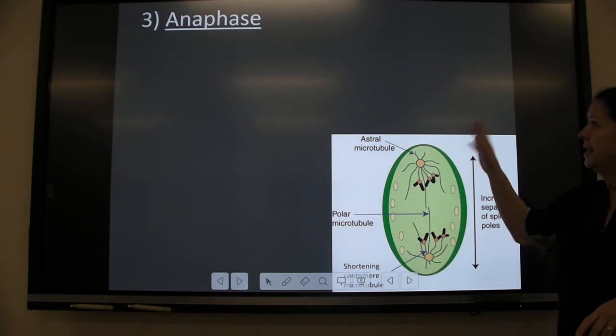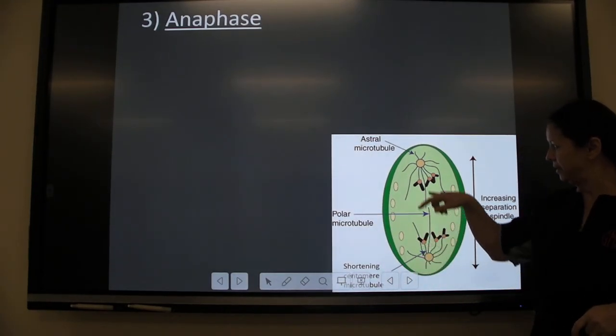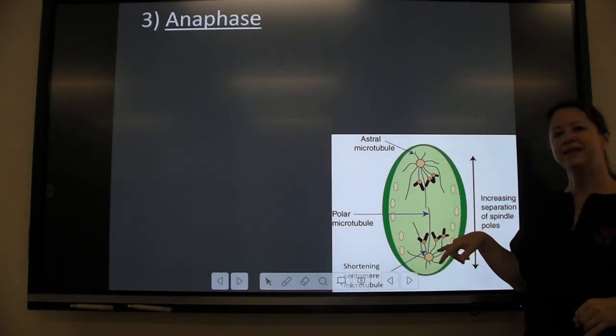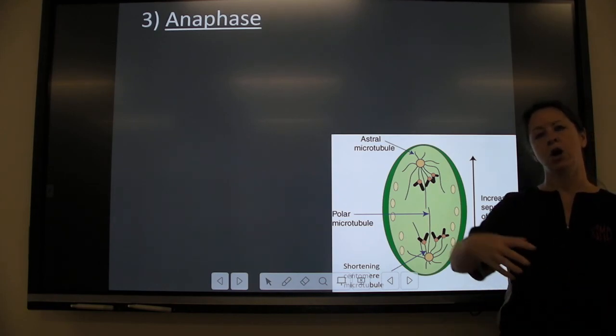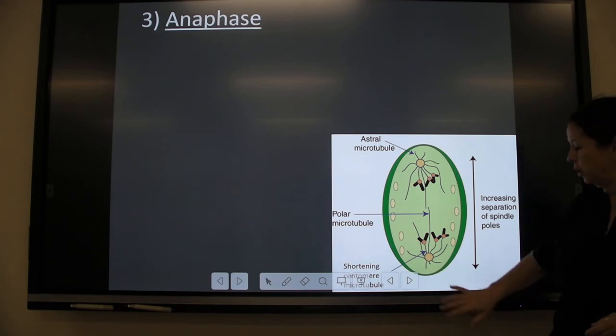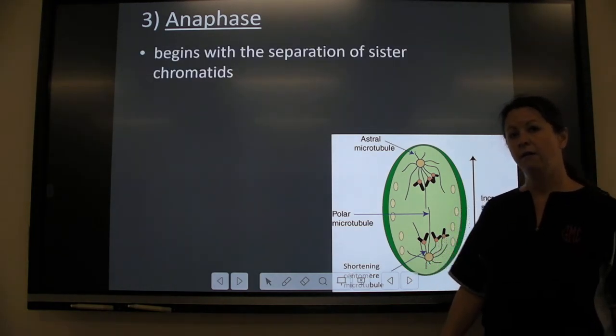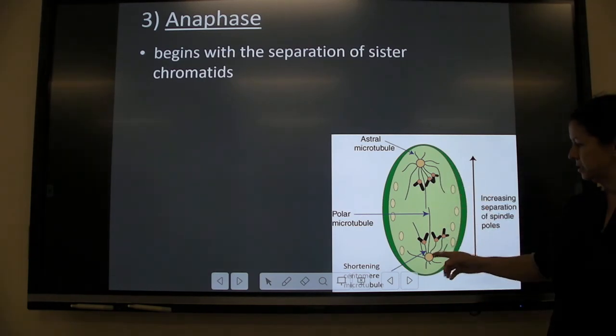And then in anaphase, remember A for apart, and notice what's happened here. The sister chromatids have been separated and they're apart from each other. That's why we say that A stands for apart. Anaphase begins with the separation of the sister chromatids.